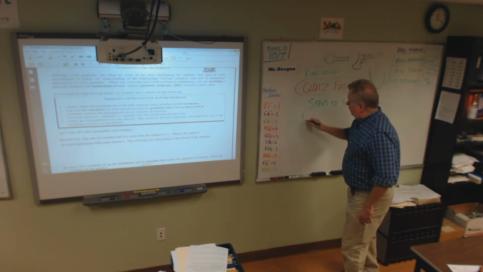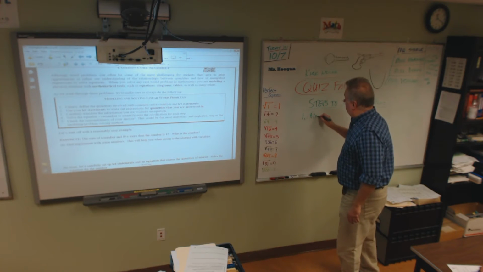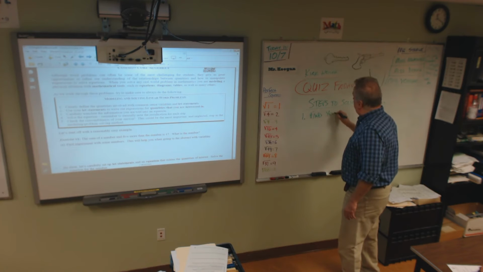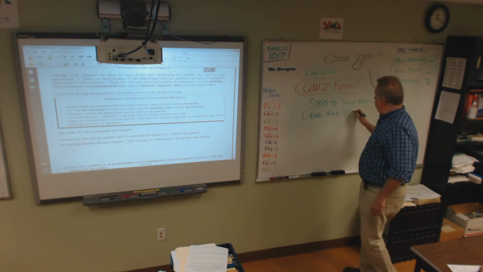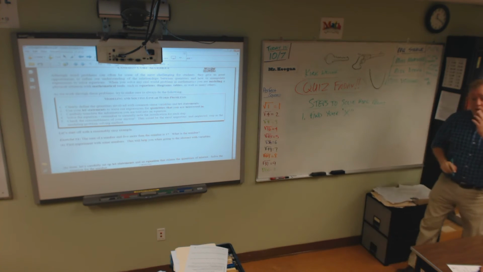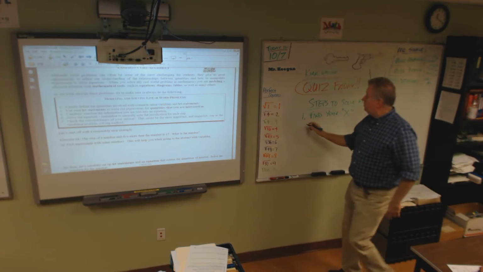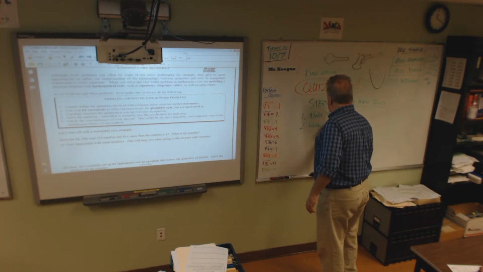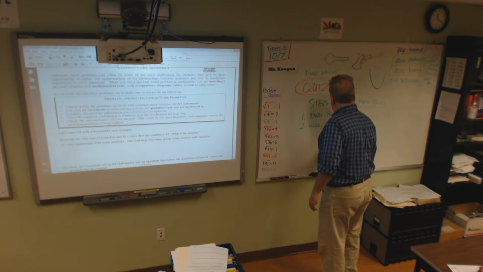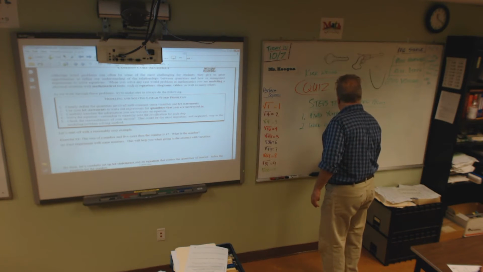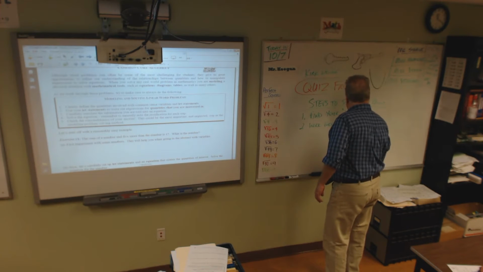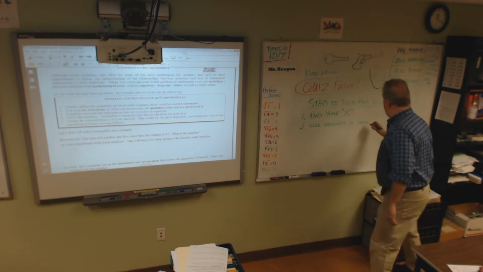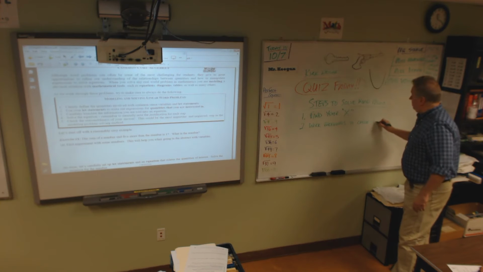The first thing you're going to do is find your X or your N or whatever letter you want to use, right? And then we're going to work backwards from there. We go backwards to create expressions.